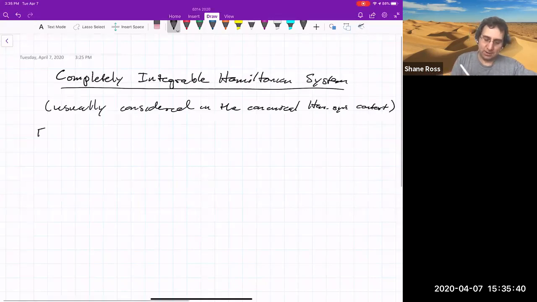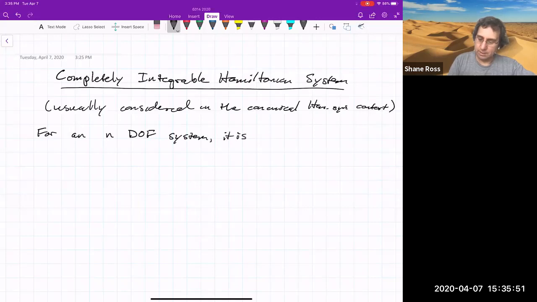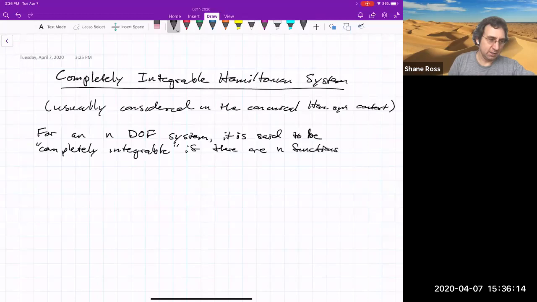So for an n degree of freedom system, it is said to be completely integrable if there are n functions of the phase space in involution, which we all know what that means.